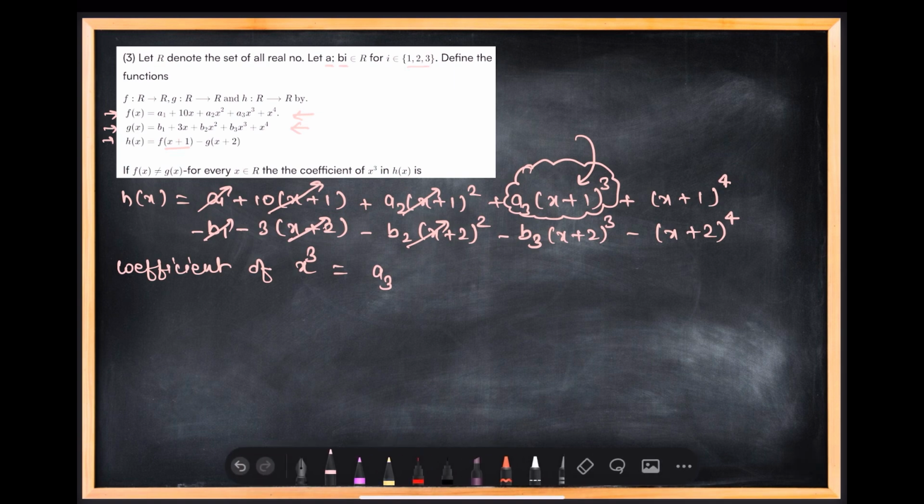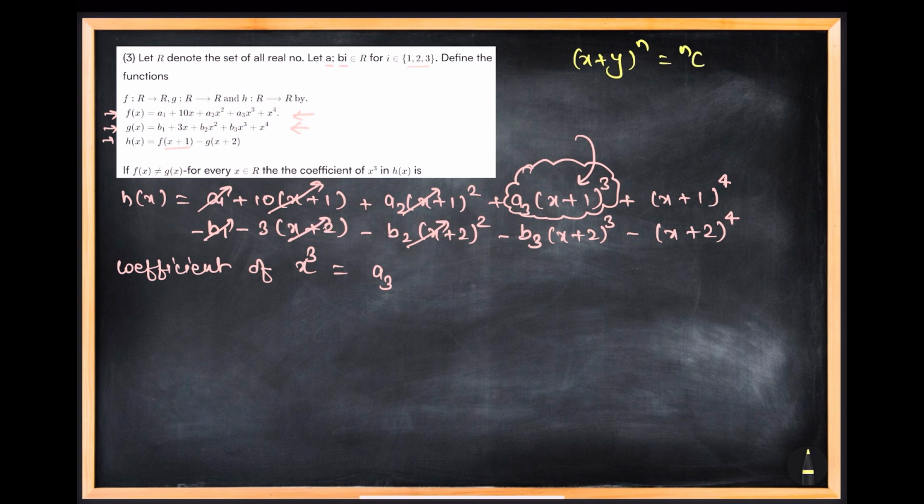Now we will apply binomial. You know that in the expansion we write nCr, like if we have (x plus y) power n, x takes power n minus r and y takes power r.